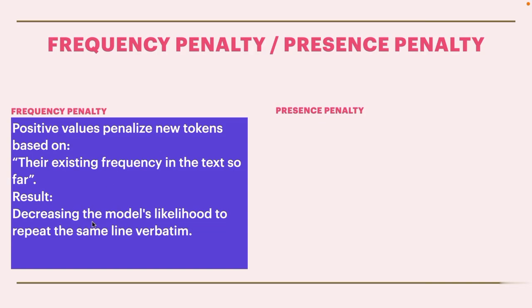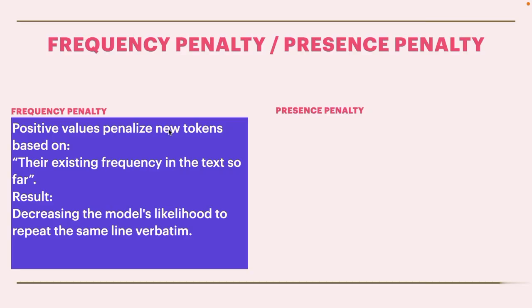And as a result, you will decrease the model's likelihood to repeat the same line verbatim. So what does it mean? It means that if you set this parameter to 1, for example, or 2, then new tokens will get a penalty based on how many times they have appeared so far in the prompt response.